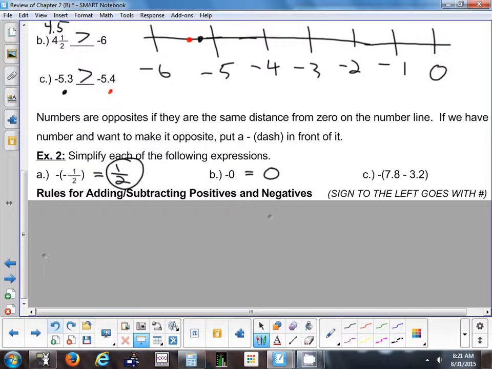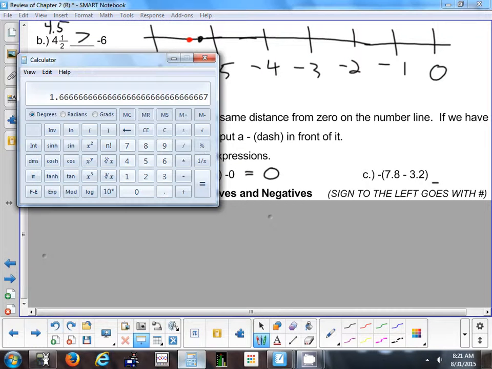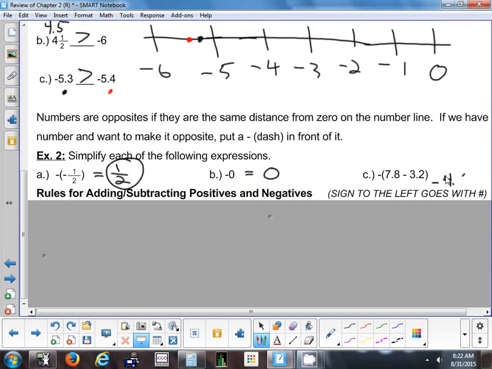Yeah, go ahead, Logan. We're just going to copy it right down in the beginning. So first thing I might do is put it down right now. And now, if you know 7.8 minus 3.2, just write it down. If not, you can always use your calculator, and you get 4.6. So we've got negative 4.6.